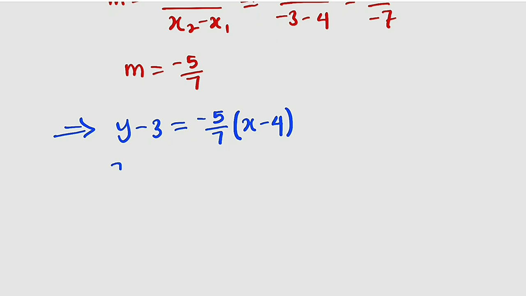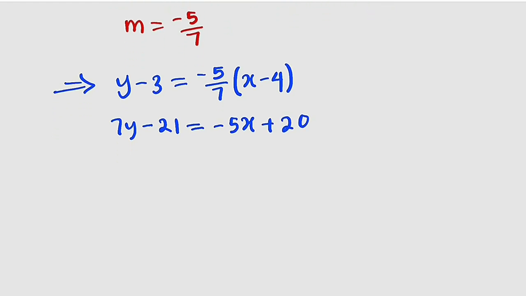So y times 7 is 7y, minus 3 times 7 is 21. This is equal to, this times 7 will give us just negative 5. And we're going to use that negative 5 to expand the bracket here. Negative 5 times x is negative 5x. Then negative 5 times negative 4 is positive 20.